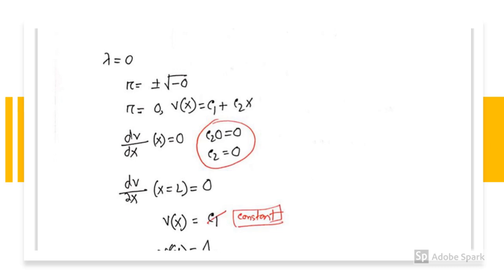So this is the solution if lambda is greater than 0.